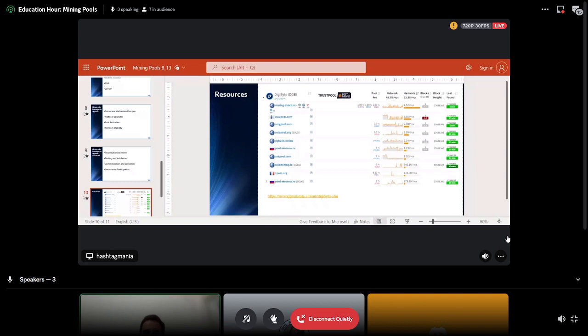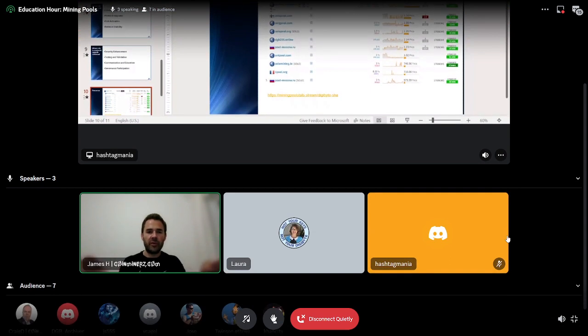But with lots of hash power and lots of people, the rewards every time a block is found have to be sliced up into tiny chunks. You may get more regular payments, but they're going to be smaller. So sometimes think about not jumping onto the top pool. Think about the trust level of pools. If you ask a pool operator a question or you're stuck, how quickly do they get back to you?